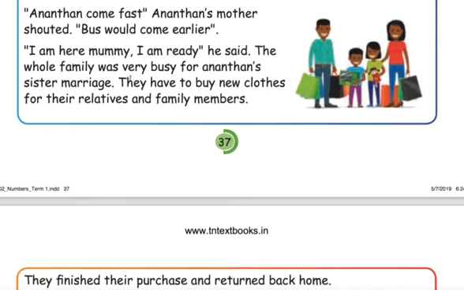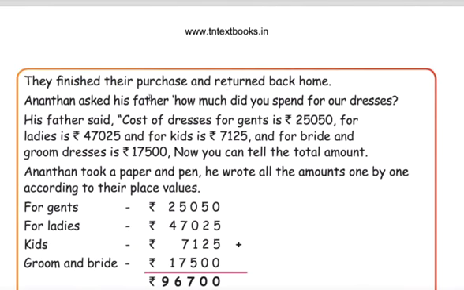The whole family was very busy with Ananthan's sister's marriage. They had to buy new clothes for their relatives and family members. They finished their purchase and returned back home. Ananthan asked his father, "How much did you spend for our dresses, Appa?"